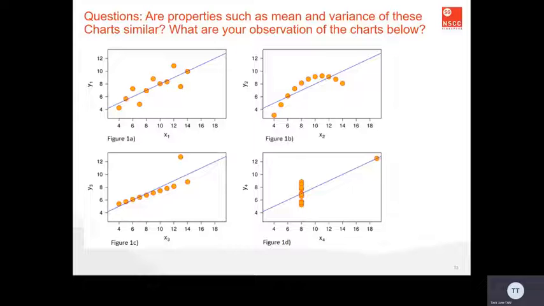The regression is offset by the one outlier which exerts enough influence to lower the correlation coefficient from 1 to 0.816. And look at figure 1d, the fourth graph, bottom right. The data points do not indicate any relationship between the variables. There is one outlier, one extreme x value that resulted in high correlation coefficient, even though the other data points do not indicate any relationship between the variables.